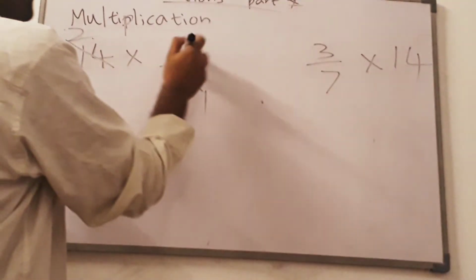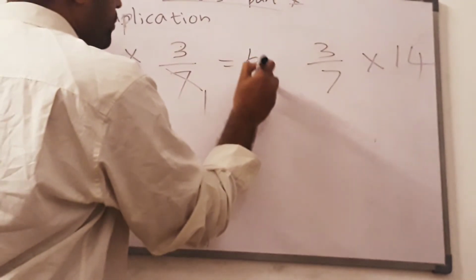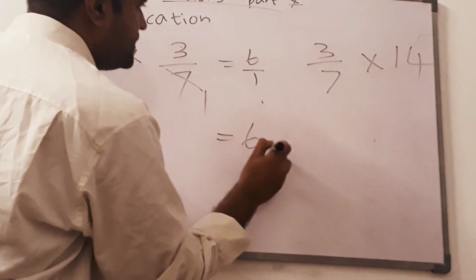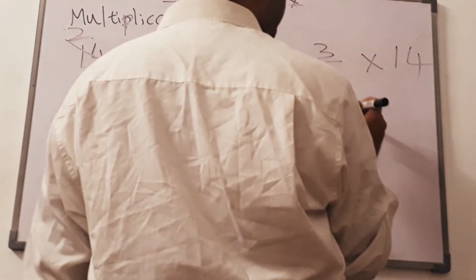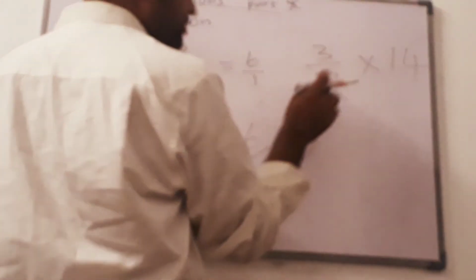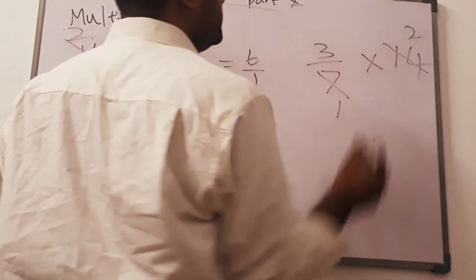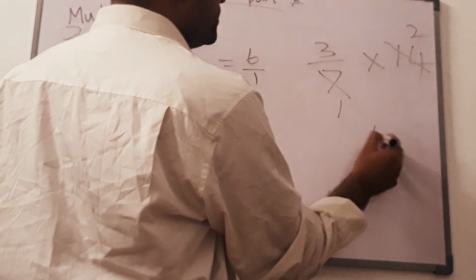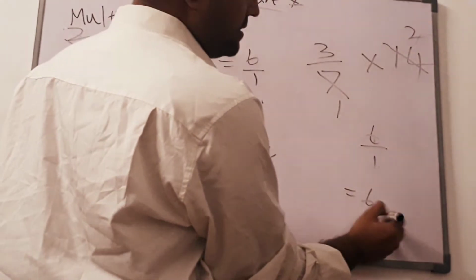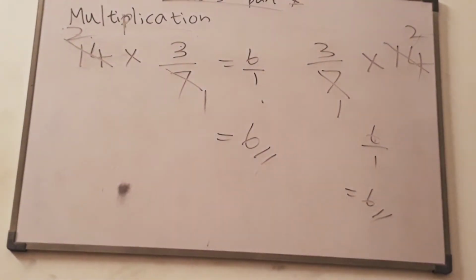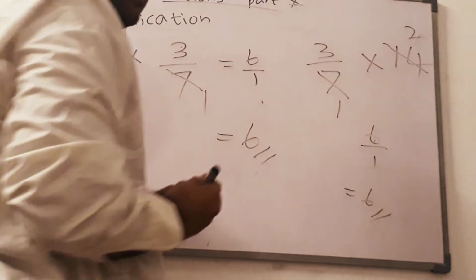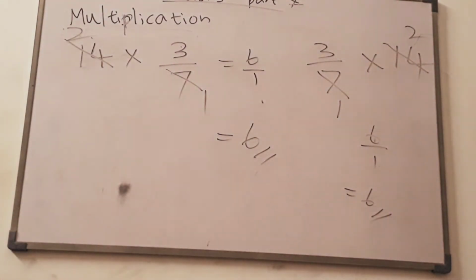So 2 times 3 is 6 over 1. Answer is 6. Here also, for 7 there is only 1 7. For 14 there are 2 7s. So 2 times 3 is 6 over 1. Answer is 6. Okay. Next.